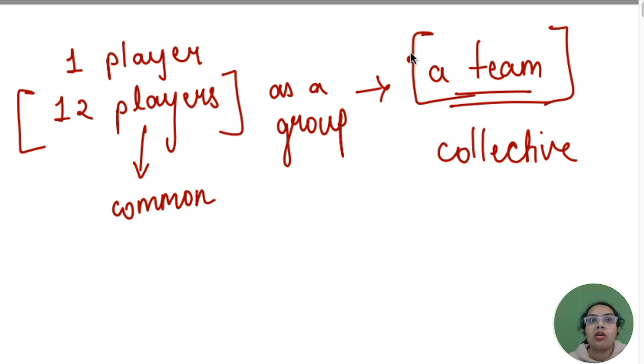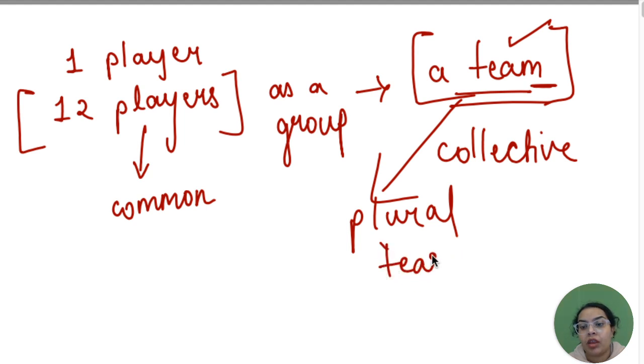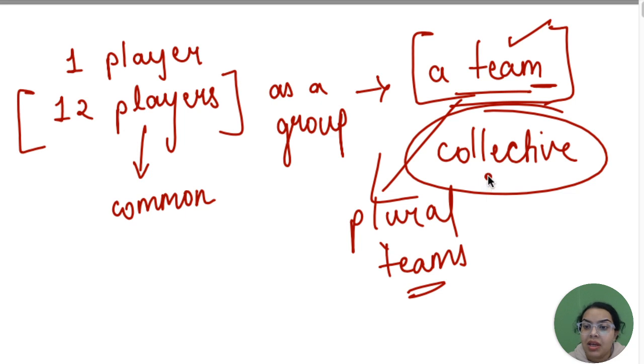It is not so. Team is singular because there is no S here. I may talk about teams from various places and it has a plural, a very legit plural, the word teams. Okay, तो कलेक्टिव नाउन्स इसमें भी आपको सिंगुलर प्लूरल मिलता है.